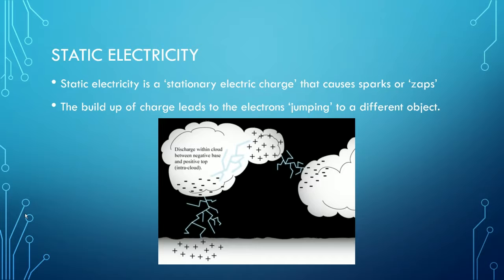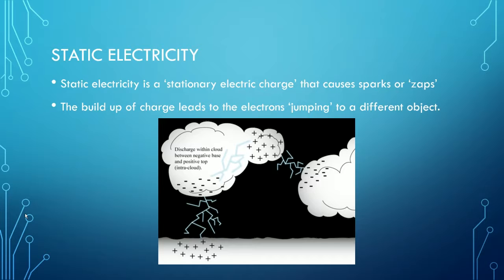So static electricity is a stationary electric charge that causes sparks or zaps. The buildup of charge leads to the electrons jumping to a different object. I included this picture here just because it kind of shows how lightning works. When there's large clouds rubbing against each other with friction, there's a buildup of charge, often in different parts of the cloud.